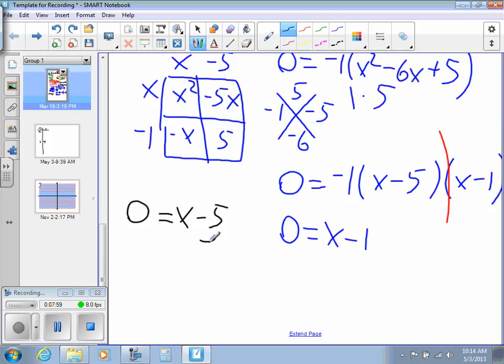So here we're going to add 5 to both sides, giving me x equals 5. And over here we'll add 1 to both sides, giving me x equals 1.